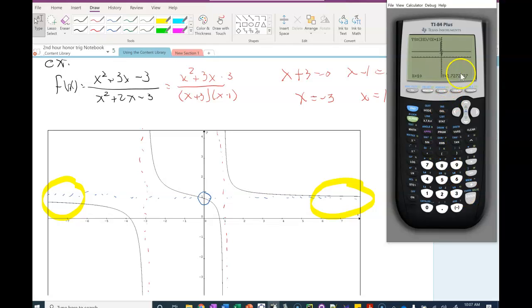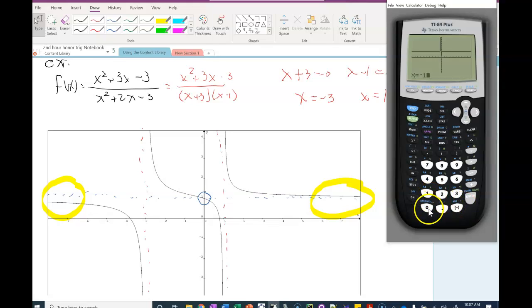So when I plug 10 in, I get like 2.7 and change. When I plug 100 in, I get 2.97 and change. And when I plug 1,000 in, I get 2.99 and change. So I'm pretty convinced that we're heading towards 3. Got to check the negative end though also.